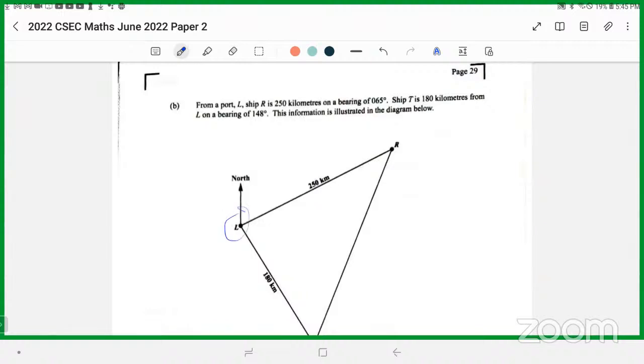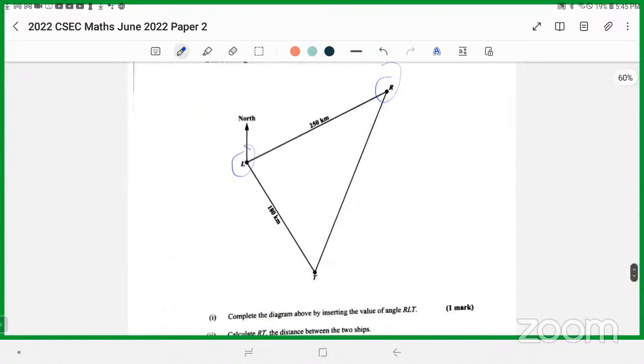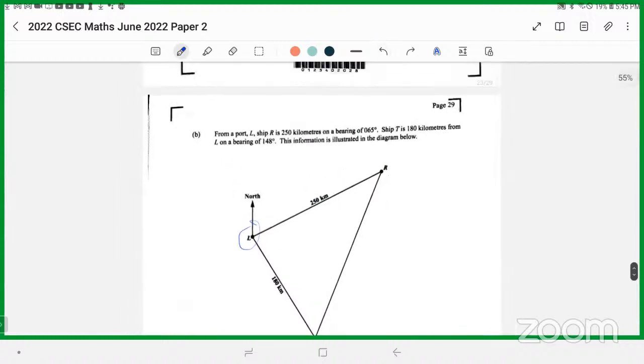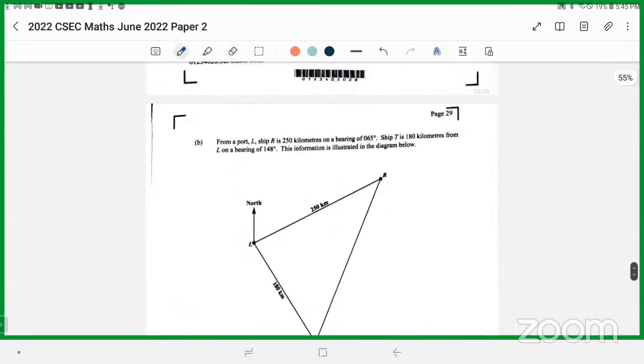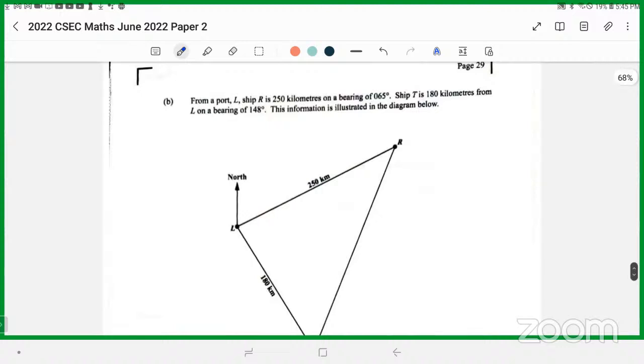So this is a port, that is a ship. And apparently this is another ship. All right, good. So from port L, ship R is 250 kilometers, see here, 250 kilometers on a bearing of 065 degrees. So in other words, from L to R, the bearing is 065 degrees.